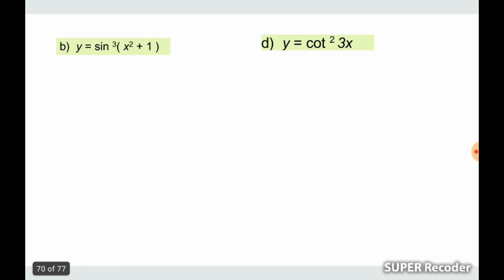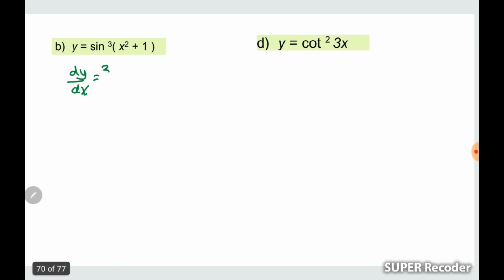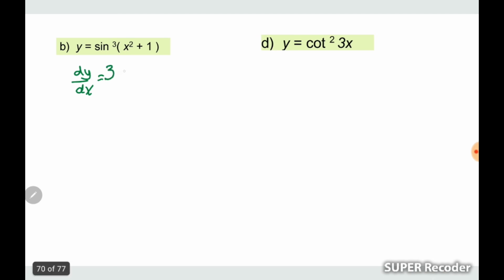Okay, now we continue. Y equals sine of x squared plus 1, all to the power of 3. So differentiate, dy dx. Then you have to bring 3 in front. 3 sine, 3 minus 1, 2.